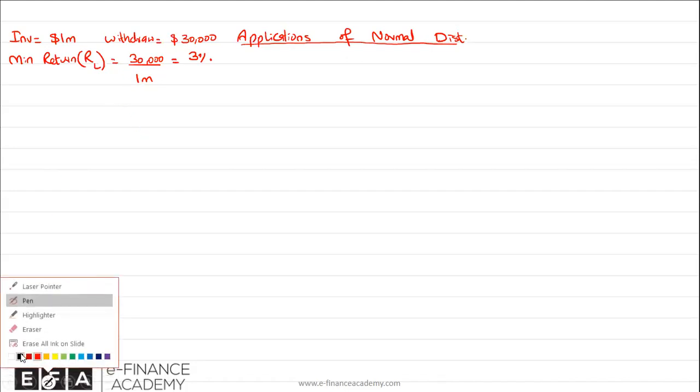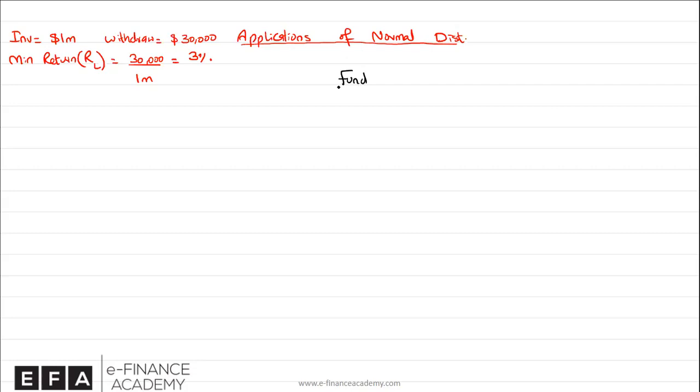Here we have the data about the funds, Fund A and Fund B. We know the mean return of the funds. Let's say the mean return of Fund A is around 5%, while the mean return of Fund B is around 8%.